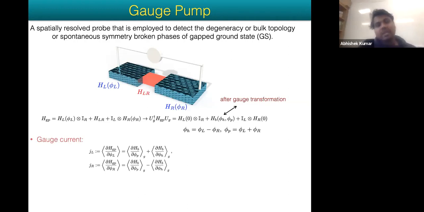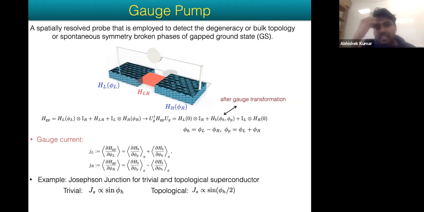So we can derive the gauge current. One observable is the gauge current, and we can derive it in terms of either the initial Hamiltonian or the bridge Hamiltonian after gauge transformation. An example of the gauge pump is the Josephson junction for trivial or topological superconductors.